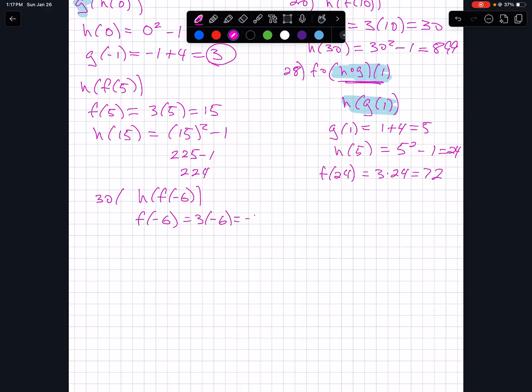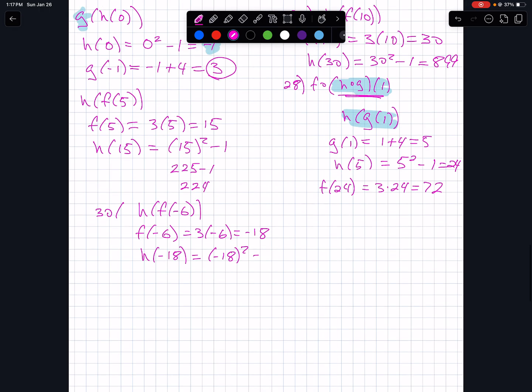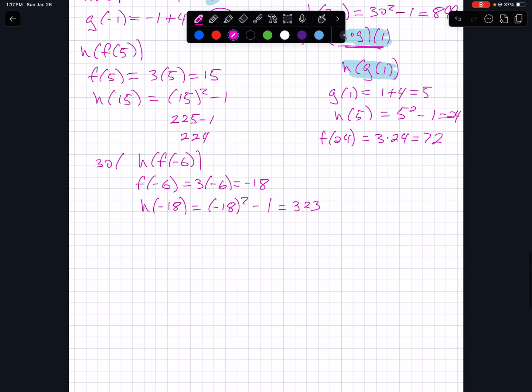Then h of negative 18 is negative 18 squared minus 1, 324 minus 1, which is 323.